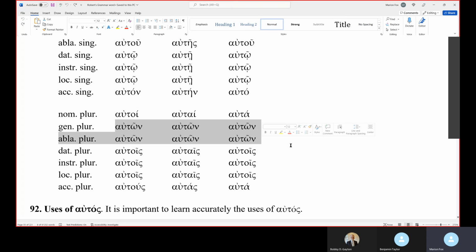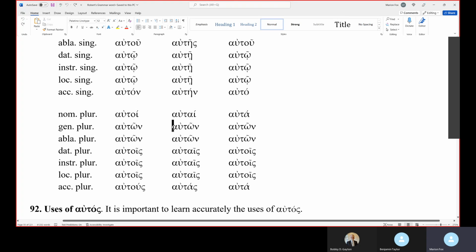That can be a little bit of a problem, a problem of interpreting a passage sometimes. So you've got to argue from context. It becomes a contextual problem. However, if you had an article with one of these, and sometimes this word will have an article, then that will tell you the gender of it, because the article would be different.